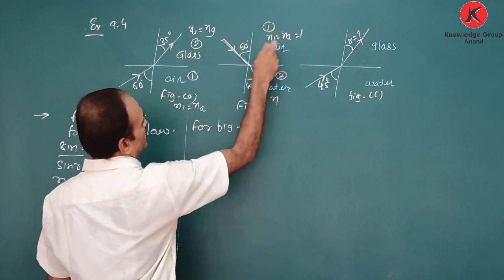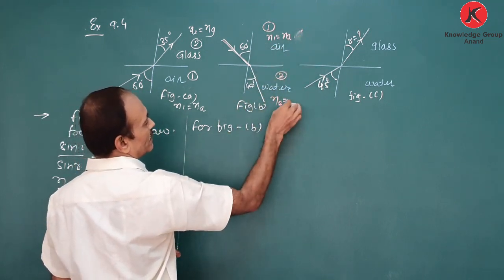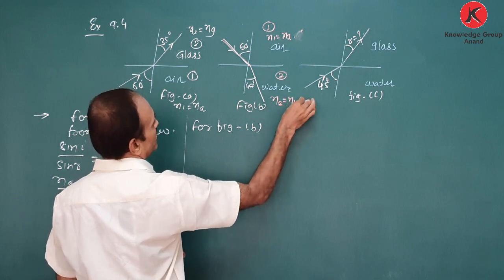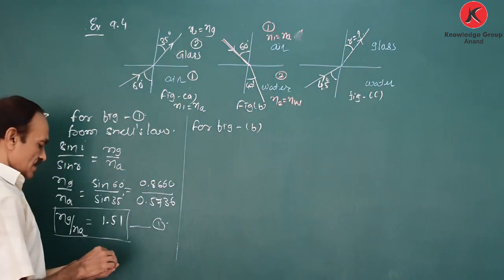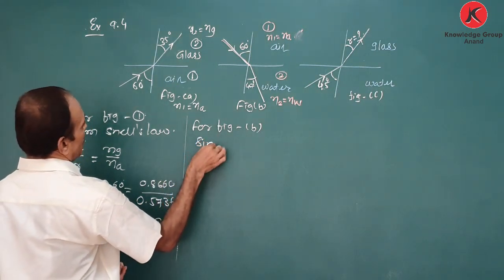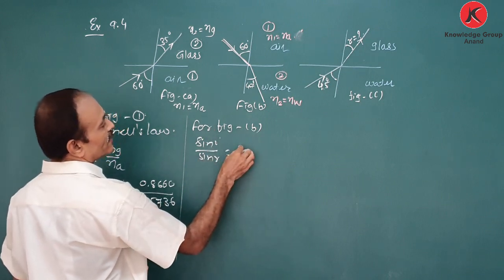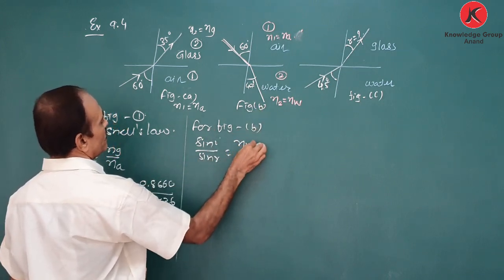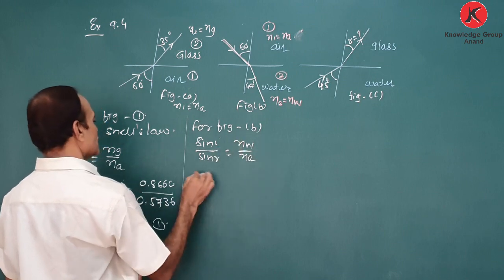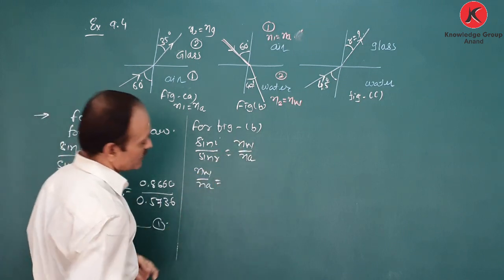Now listen. Water is our second medium, n2 is equal to nw. Therefore, sin i upon sin r is equal to n2 upon na, that means nw upon na.